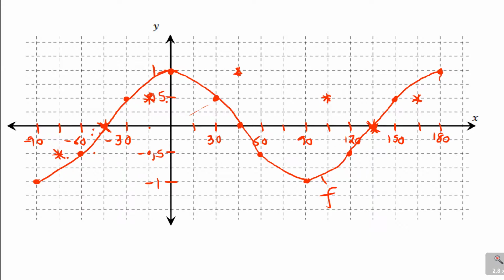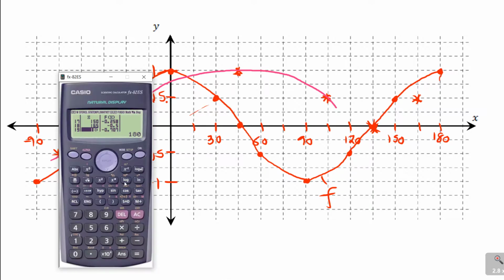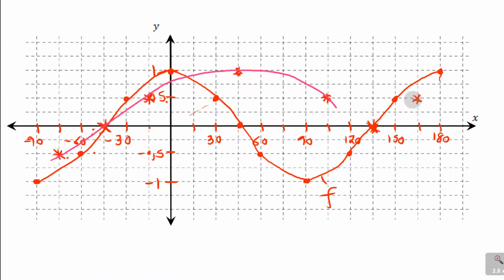Now if I'm to draw on a different pen, I will have something. Okay, I think there is another error there. Let me check my calculator again on 165. 165 is negative 0.5. You see that? So this one is also an error here. It must be below.